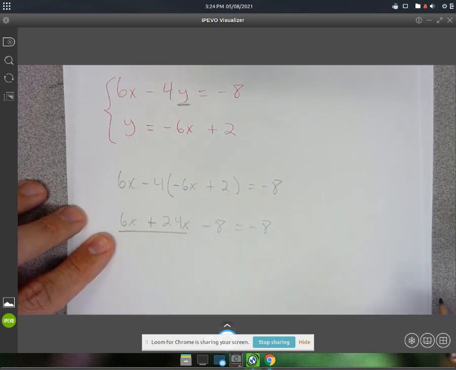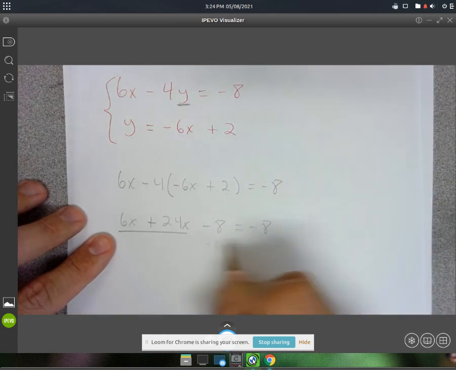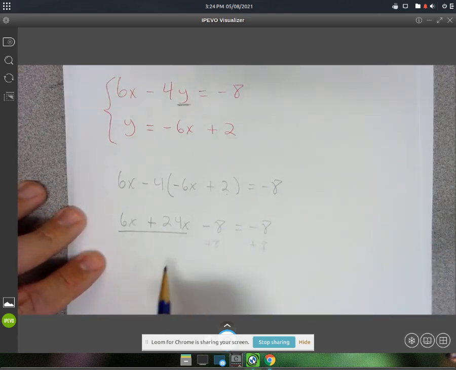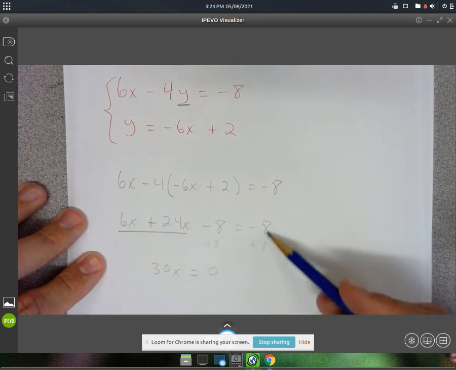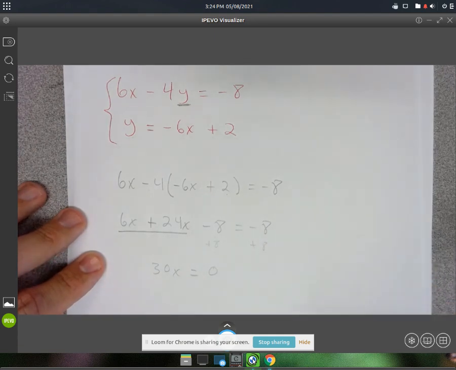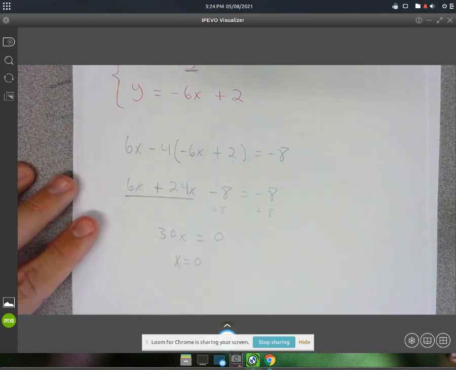We would plus 8 on both sides. All right, that's going to give us 30x is equal to 0. Negative 8 plus 8, and divide by 30, and you get x is equal to 0. Well, that was kind of nice.